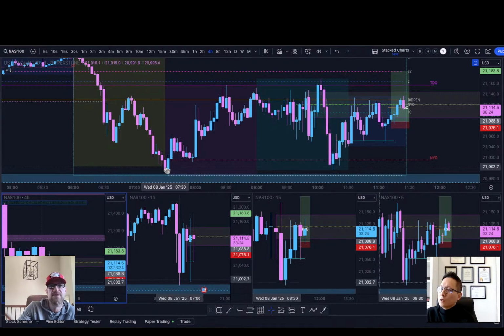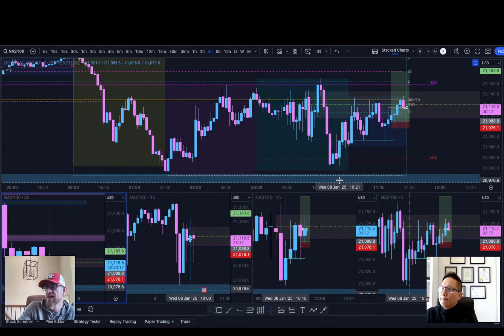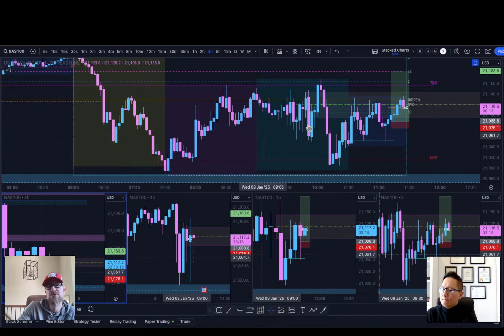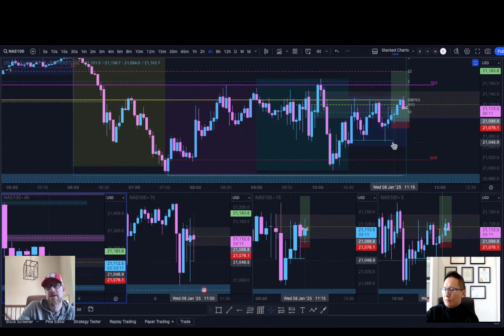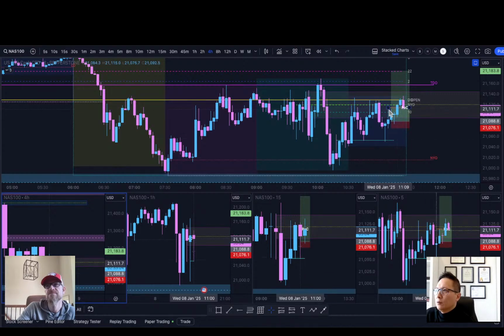The 500 swept this low, Nas held the low, so Wyckoff schematic still playing out back into demand. So we're pushing out of that demand, a 1, 2, and then maybe our third entry be here for continuation. But POC trade didn't go very far.